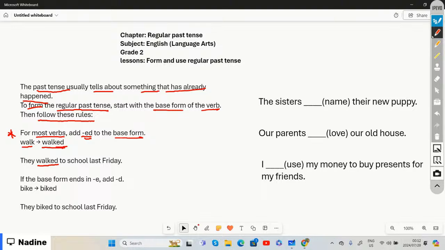All right. And then another rule is if the base form ends with e, then we add a d. It's the same as saying we add ed, but in this case our base form already ends in an e, so we just add a d.